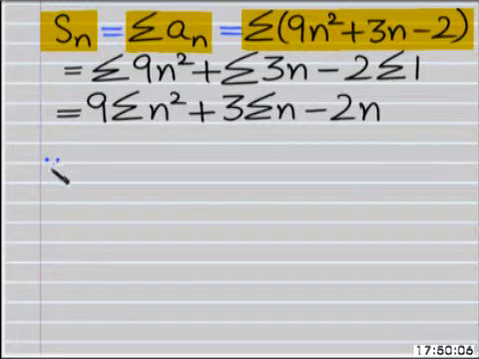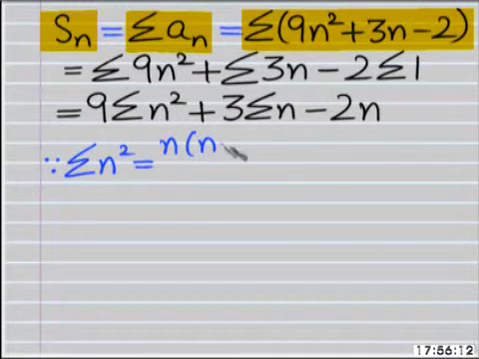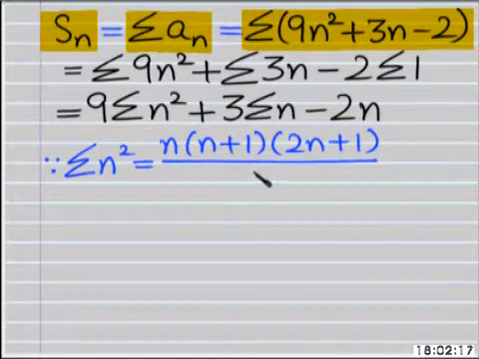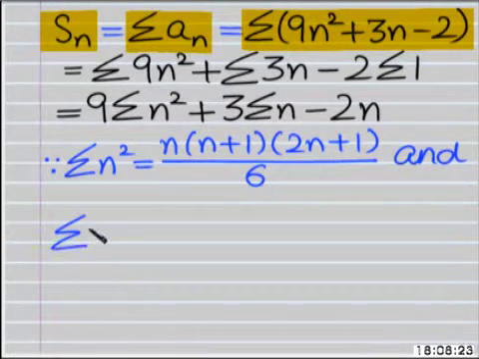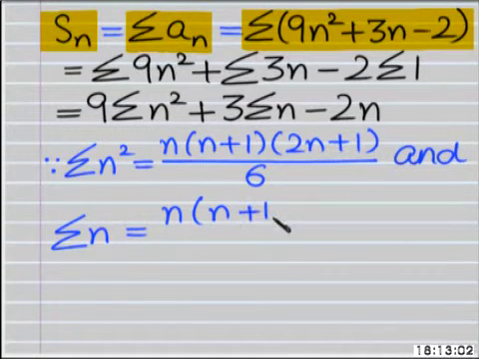Now, because we know that summation n square is equal to n into n plus 1 into 2n plus 1 whole divided by 6, and summation n is equal to n into n plus 1 whole divided by 2.